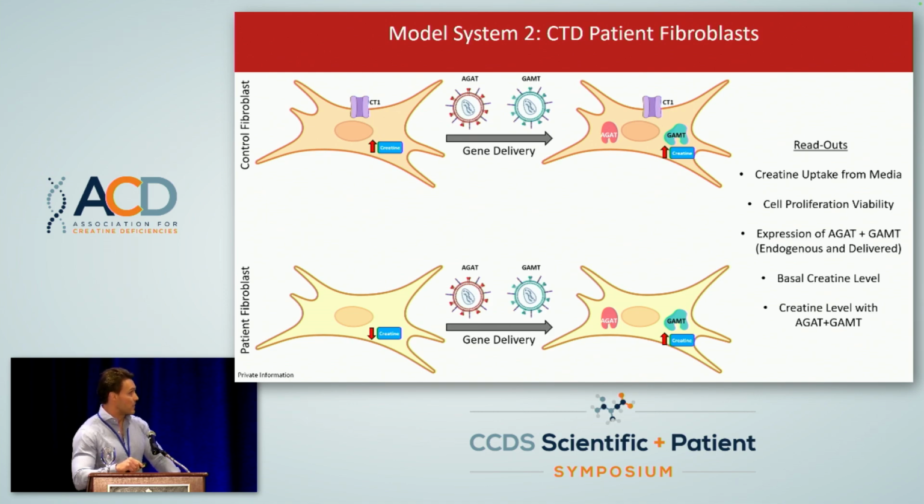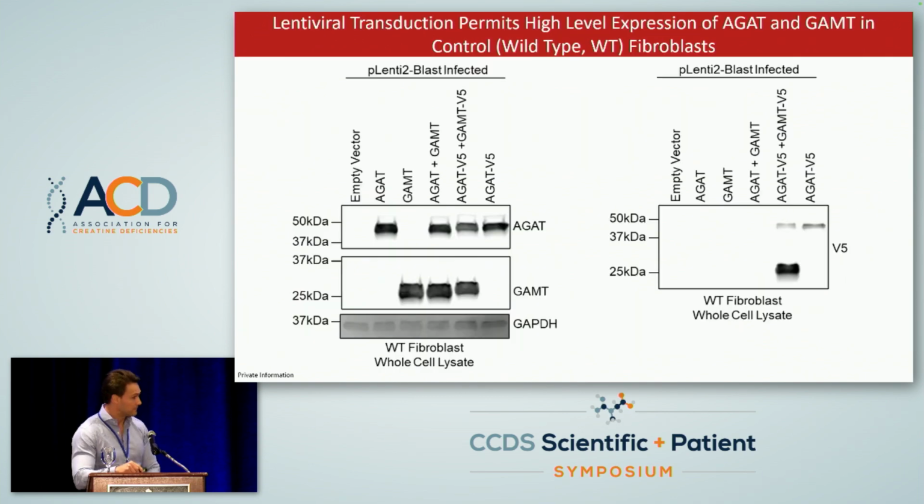We delivered to them both AGAT and GAMT in separate lentiviral particles and allowed them to co-express both enzymes, and then we did a number of readouts for how much creatine we could generate inside a fibroblast. Similarly, with the patient fibroblasts, we took 2 fibroblast lines that had a complete loss of function in SLC6A8, encoding the CT1 transporter, and we also delivered both of these lentiviral constructs to those cells.